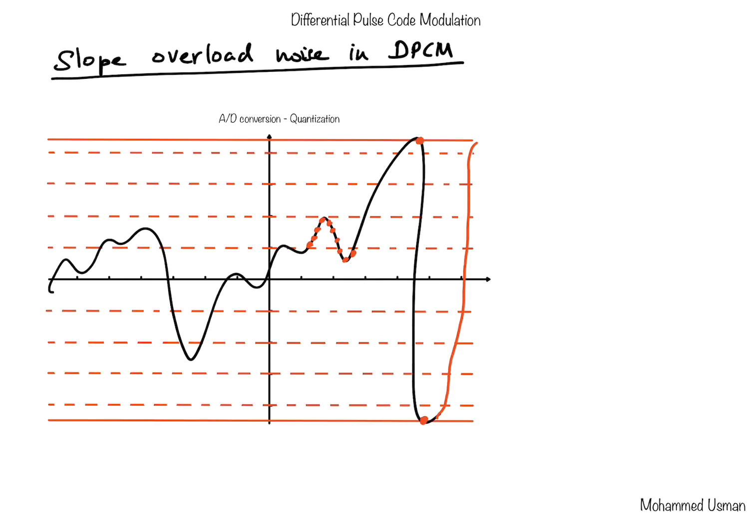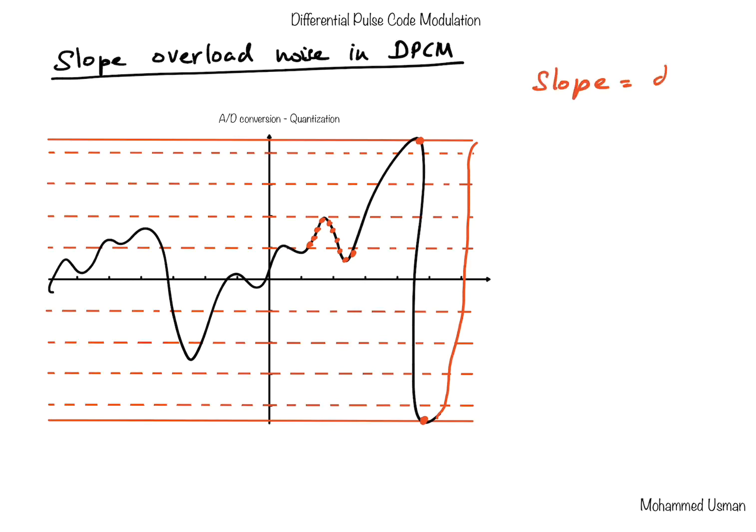And to understand that, and to design the DPCM system in such a way that this situation is avoided, we need to understand what is the maximum slope that the DPCM system can handle. So for that, we need to analyze what is the maximum slope of the DPCM output. Slope is nothing but dy by dx.